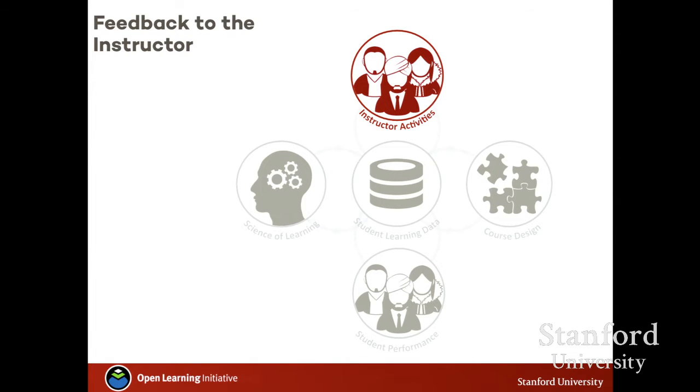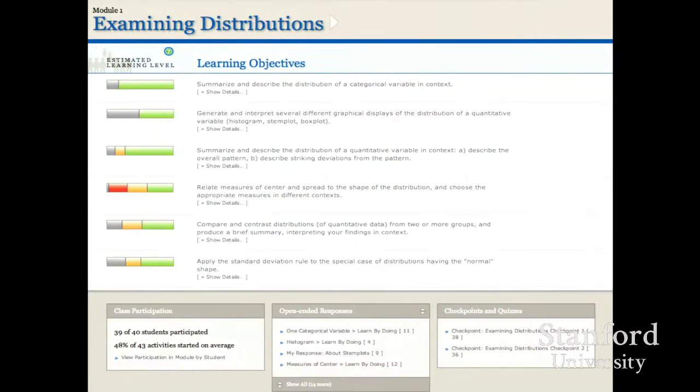This is what we're going to be working on a little bit later, but our first attempt at doing that when I was back at Carnegie Mellon was to build these instructor dashboards. So this is an actual instructor dashboard generated off of an introductory statistics course. This is a dashboard from an actual class.